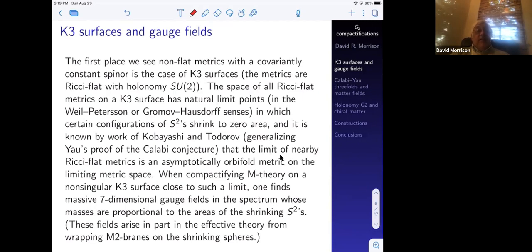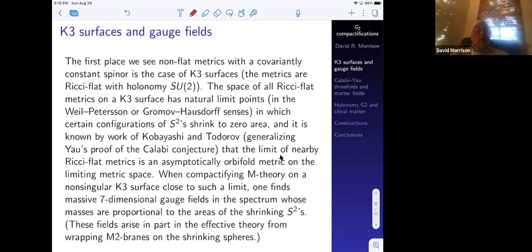And in the limit case, what happens is that certain configurations of two spheres on the K3 surface shrink to zero area in the limit. And it's known by work of Kobayashi and Todorov, which generalizes Yau's proof of the Calabi conjecture, that when you shrink those configurations of S2s to zero area, you get a metric which is an asymptotically orbifold metric on the limiting metric space.